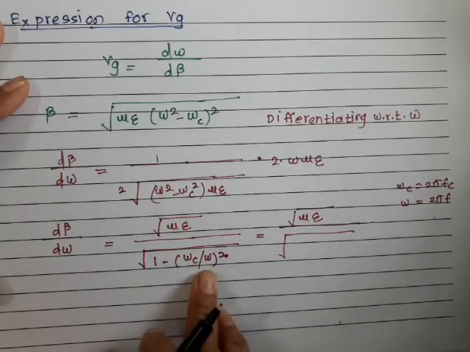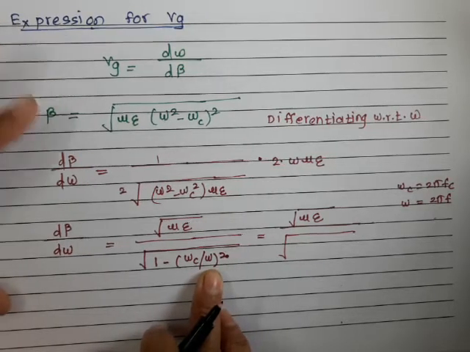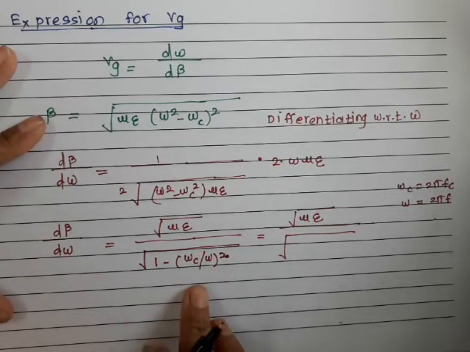Again omega c by omega, like the previous one, we can put here lambda 0 by lambda c.